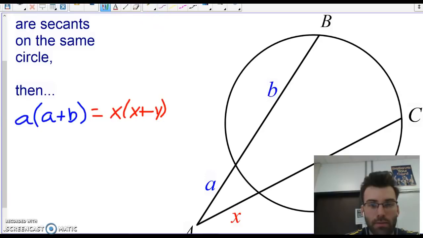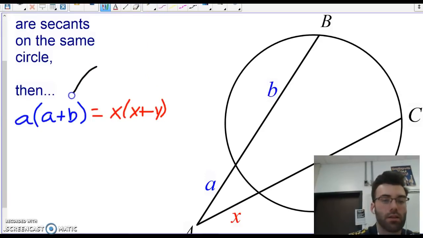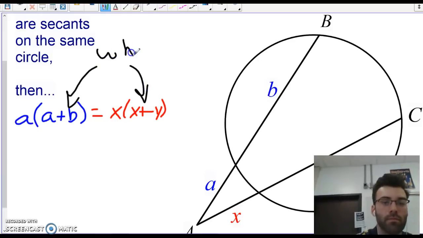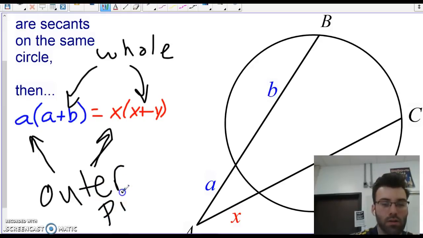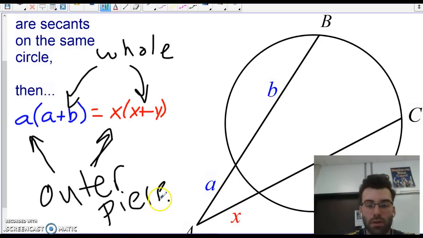For these again, the A plus B, that's the whole. And A and X are the outer piece.